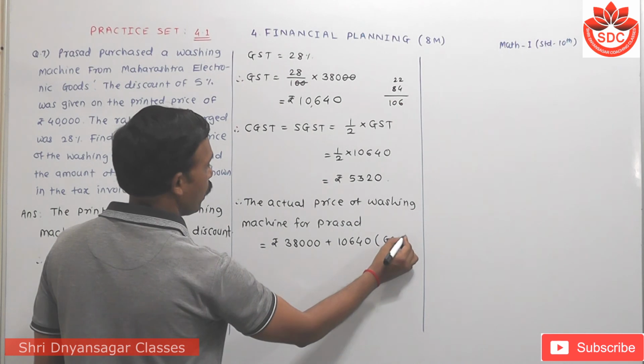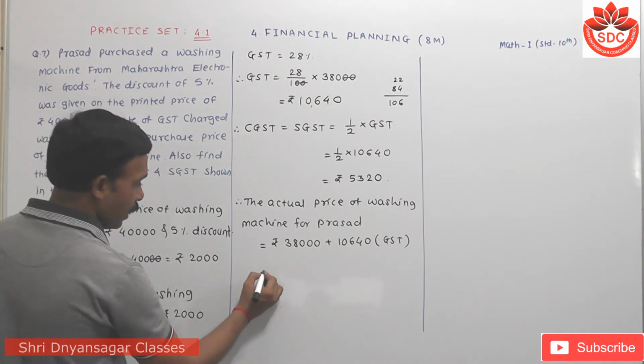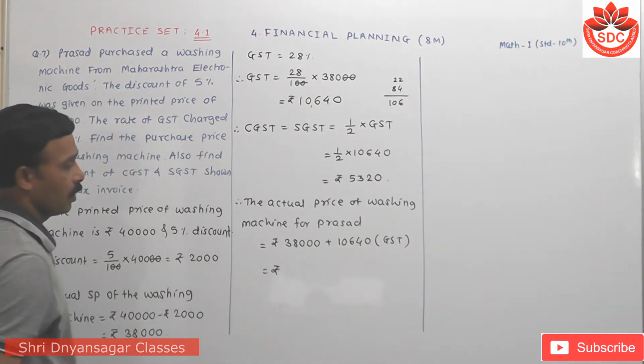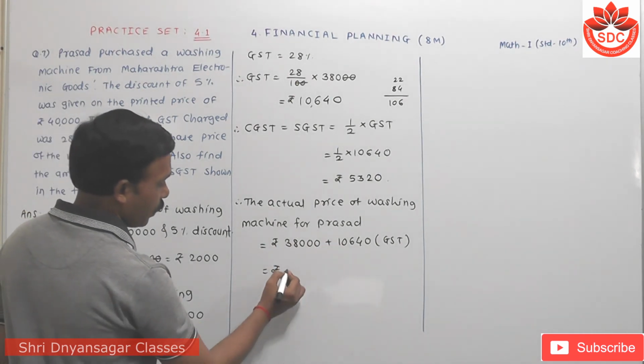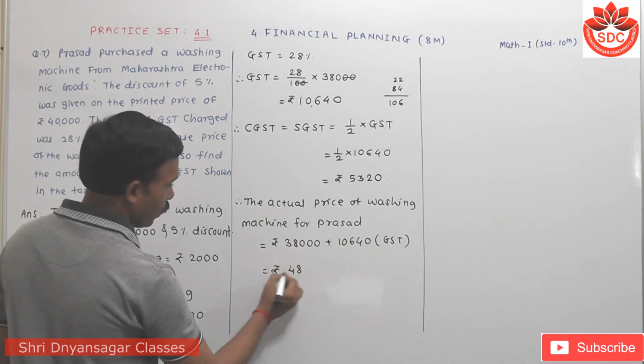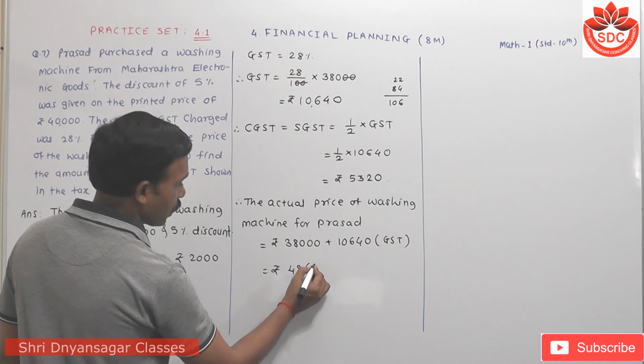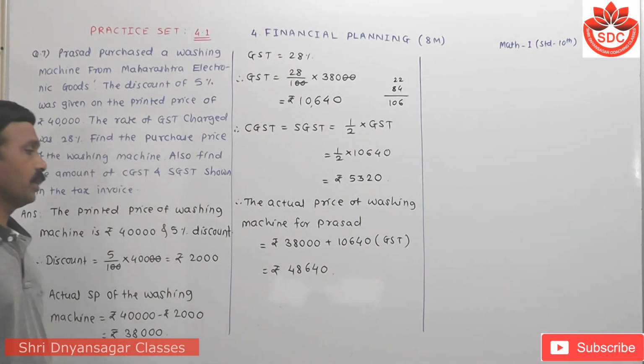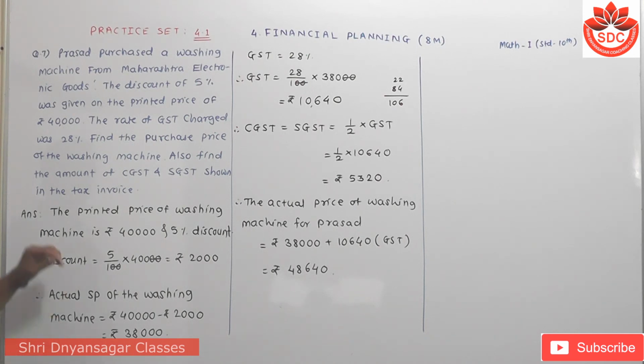This is the GST value. Then this addition becomes rupees 48,640. This is the actual price for the Prasad here. Then we have to find out the amount of CGST and SGST also.